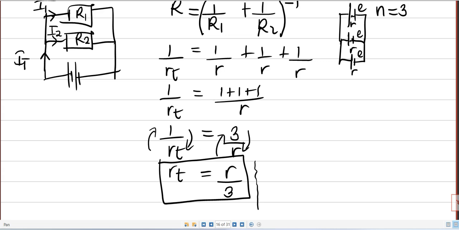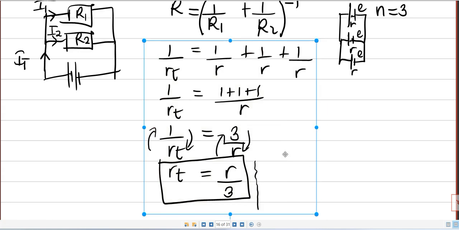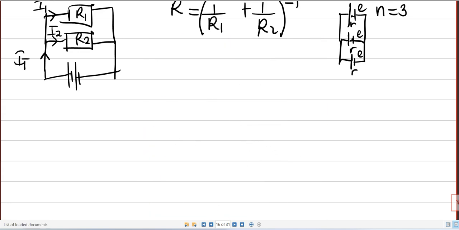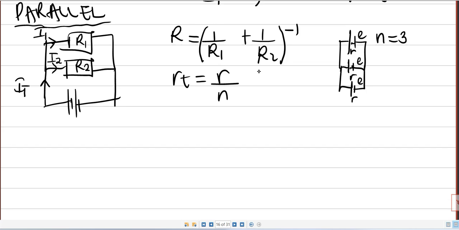So the alternative way is to just say r total equals internal resistance divided by number of cells. That's how you would go about it for this specific battery, not that one.